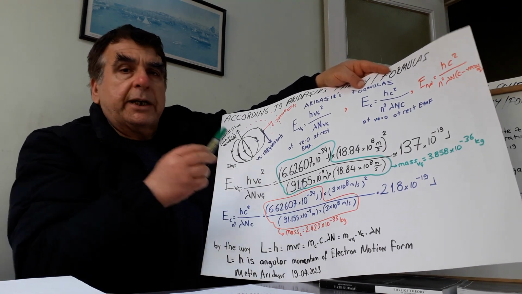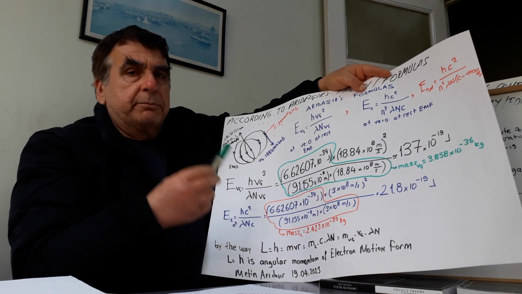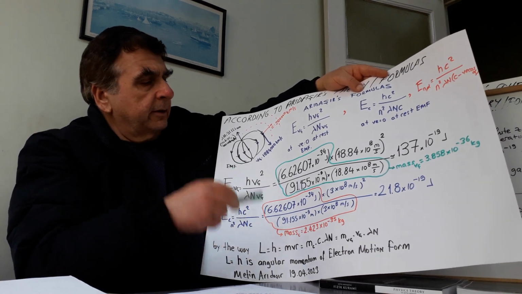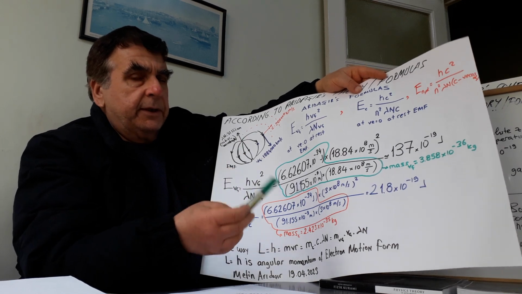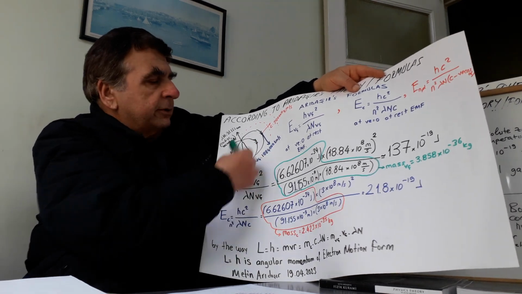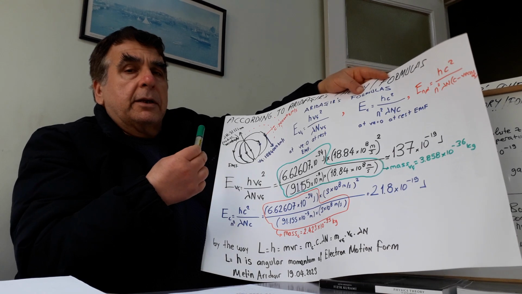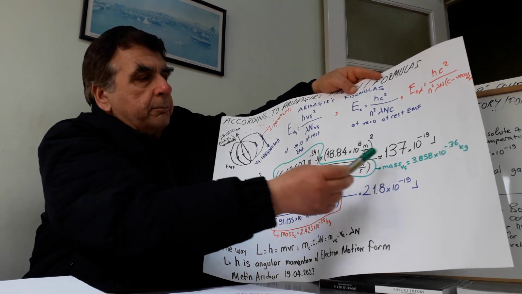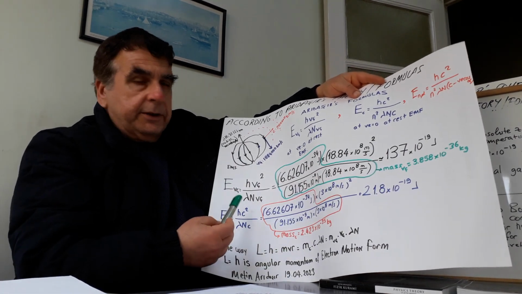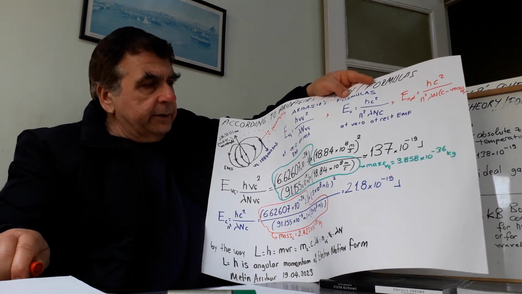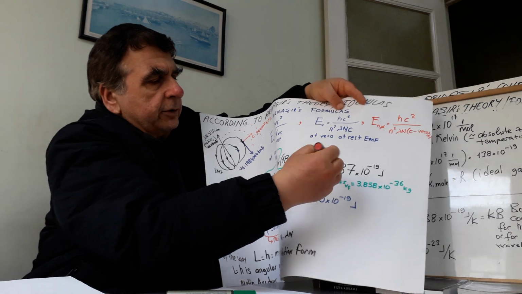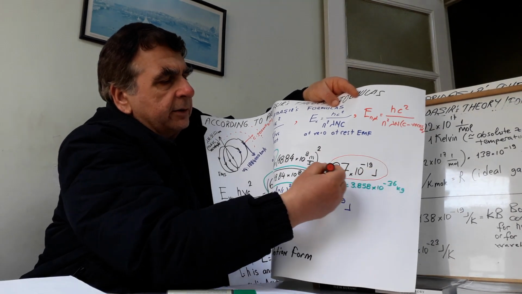Without wavelength you cannot measure the mass of anything. You need a wavelength for the mass. Wavelength and electron motion form are determinative for mass and energy. Okay? Then what do we find? We find 137 10 to the minus 19 joule.